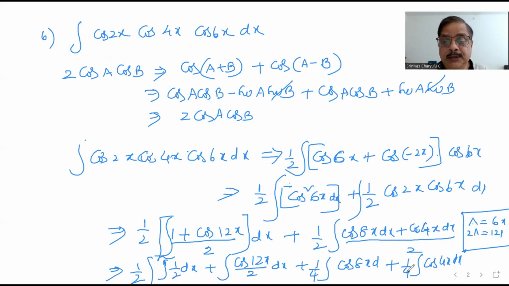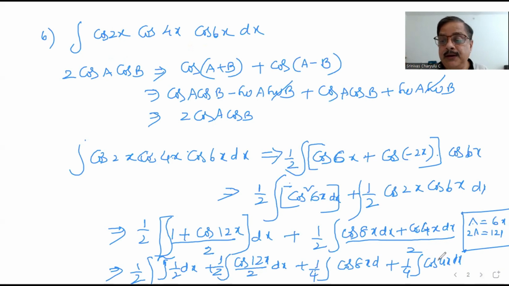Here, remember this 2 is this 2. 1 by 2 is also there here. This 2 will come here when you are distributing. Then this 2 from the formula. So here totally 4 will come here.